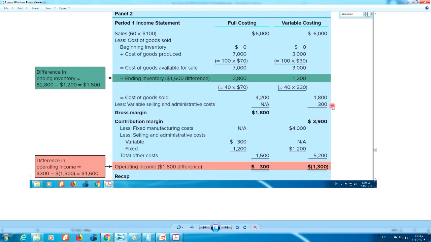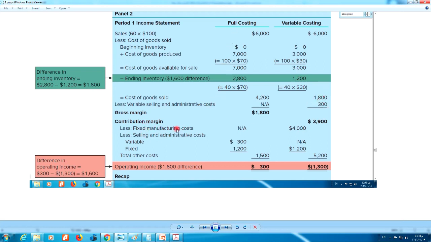Sales minus total variable cost equals contribution margin. This is the second difference. In absorption costing, sales minus cost of goods sold equals gross margin or gross profit. In the variable costing approach, sales minus total variable cost equals contribution margin. Total variable cost consists of two parts, variable cost of goods sold and variable selling and administrative costs, which should be added to get the total amount of variable cost.